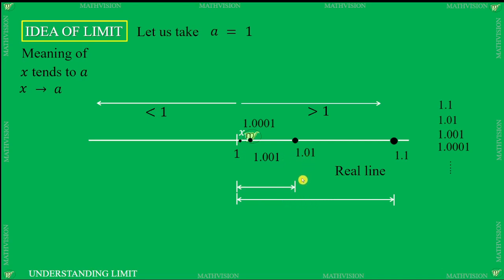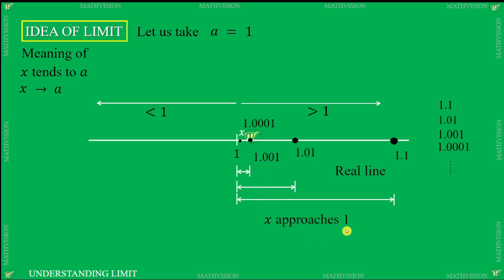Now if again we add one 0 after the decimal point, the distance again reduces. So if we join more zeros after the decimal point, the point comes closer and closer to 1. If this is the situation, then we say that the point x is tending to a, or x is approaching 1.